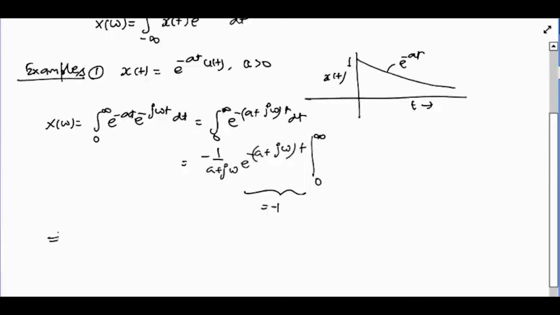So we have that X(omega) is 1 over (a plus j omega).